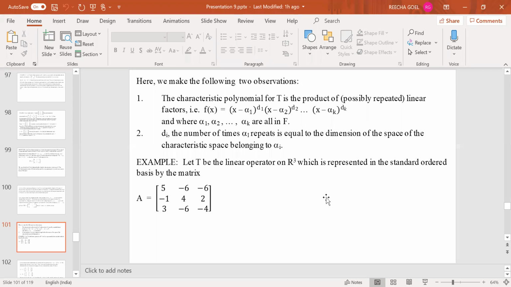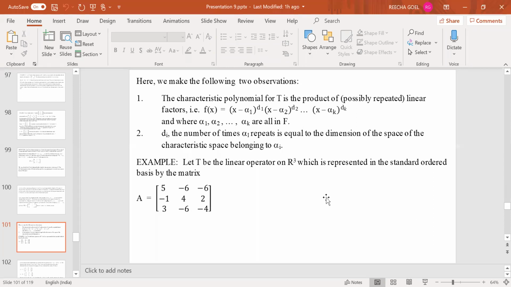Therefore, its characteristic polynomial can always be written in the form x minus alpha 1 raised to the power d1, x minus alpha 2 raised to the power d2, x minus alpha k raised to the power dk, where the alpha i we have already assumed all lie in F. And di, the number of times alpha i repeats, is equal to the dimension of the characteristic space belonging to alpha i. So these are two important observations.